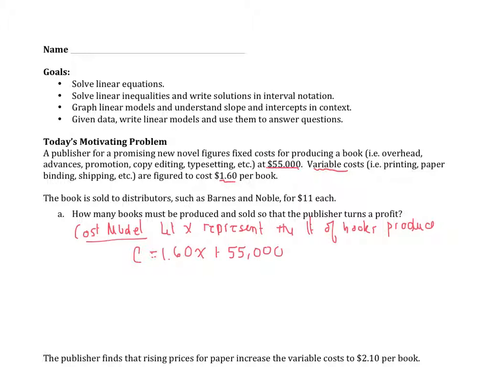And then we said, well, the book is also sold, and it's being sold for $11 each. And so there's a revenue model. This is the money that we're going to collect by selling these books at $11 a piece. And in this case, X represents the number of books sold.